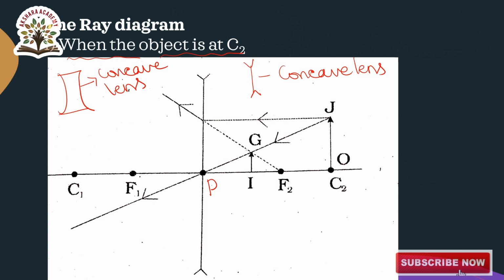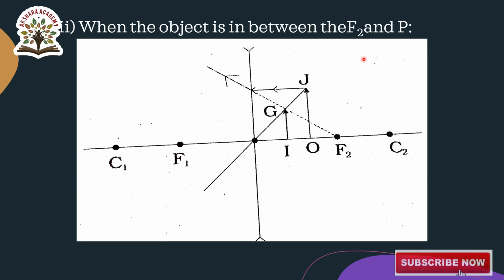Now let us discuss the second one, when the object is between F2 and P. This is the concave lens with optic center, F2 and C2, F1 and C1. Now we are placing the object between F2 and optic center, nothing but focus and optic center.